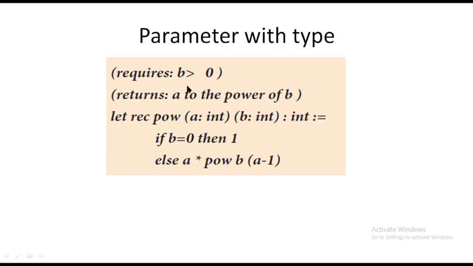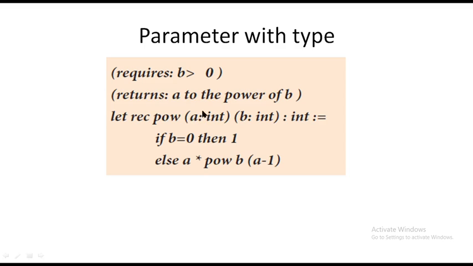Here, because of giving let, this is the function for this entire syntax. Because of giving rec, it should be known as a recursive function, followed by the name of the function, power, and this is what is known as with type.